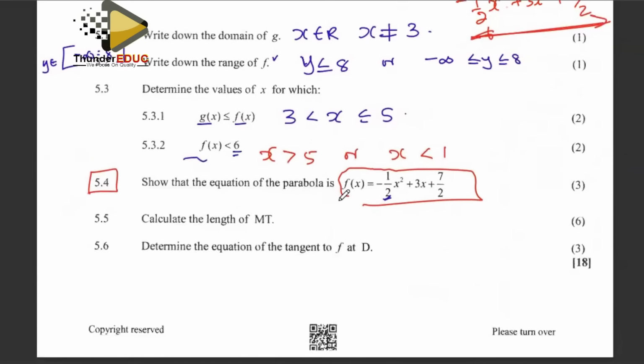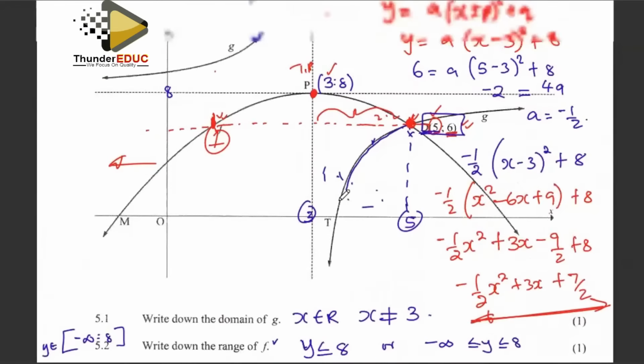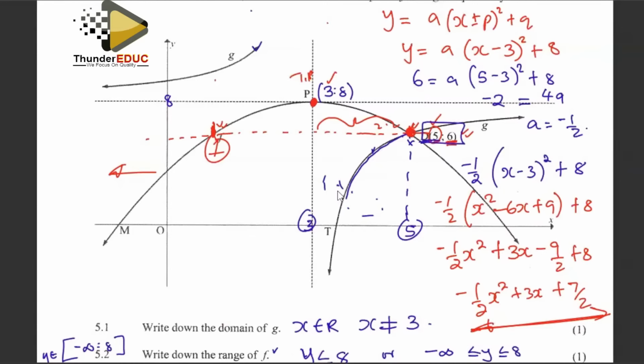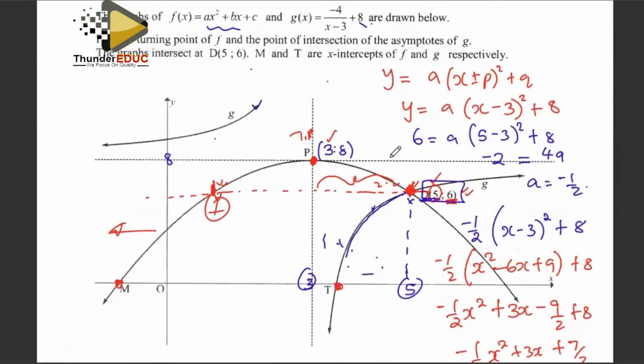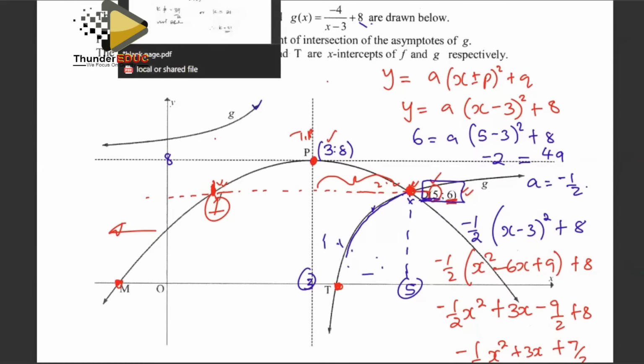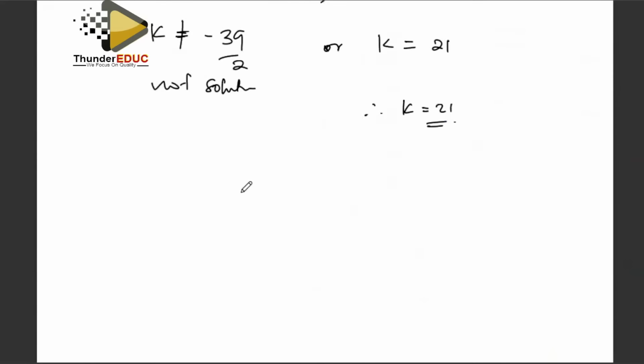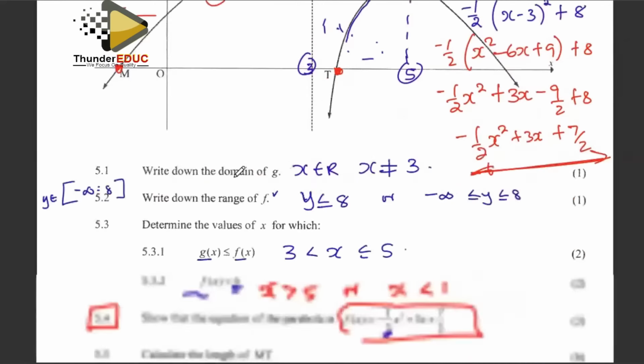All right, then 5.5, they want us to get the length of MT, so from here up to there. This question is indirectly asking us to determine the x-coordinates, or the x-intercepts, of the two graphs. Since we already have the equations, I can come this side and write 5.5.